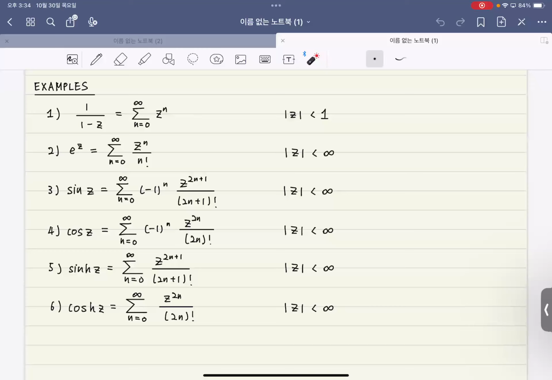Then what do you think is the radius of convergence? If I choose this to be the center of the power series, obviously the distance from the center to the singularity is square root of 2. So my radius of convergence should be not 1 but square root of 2. Let me find out if that is really the case.